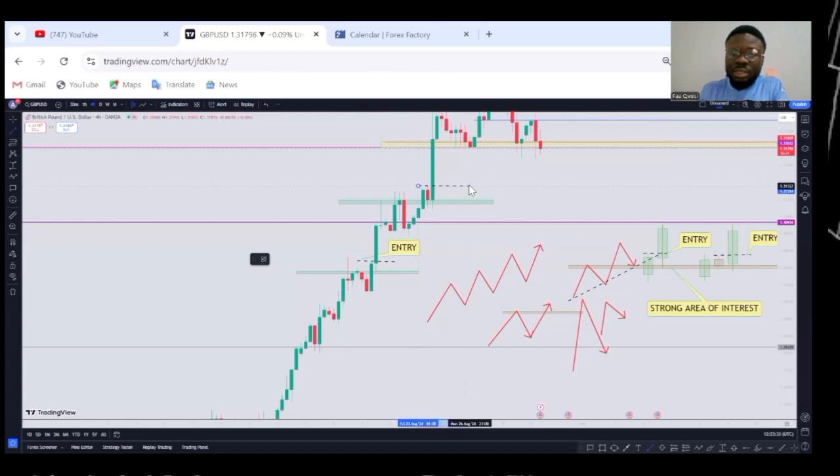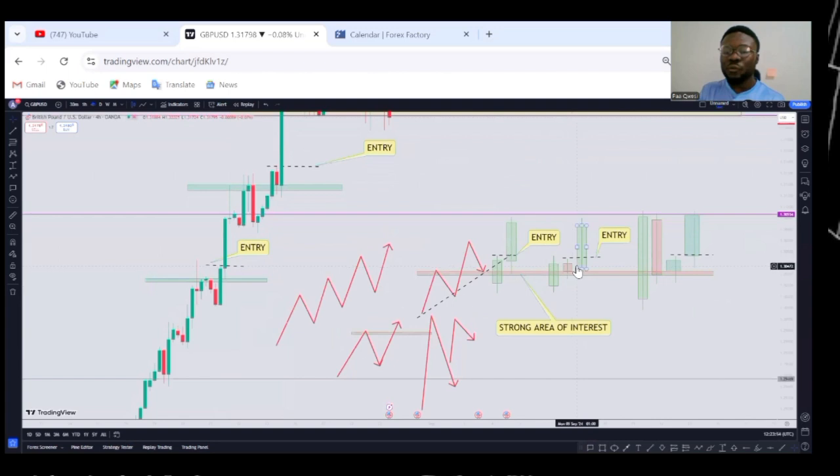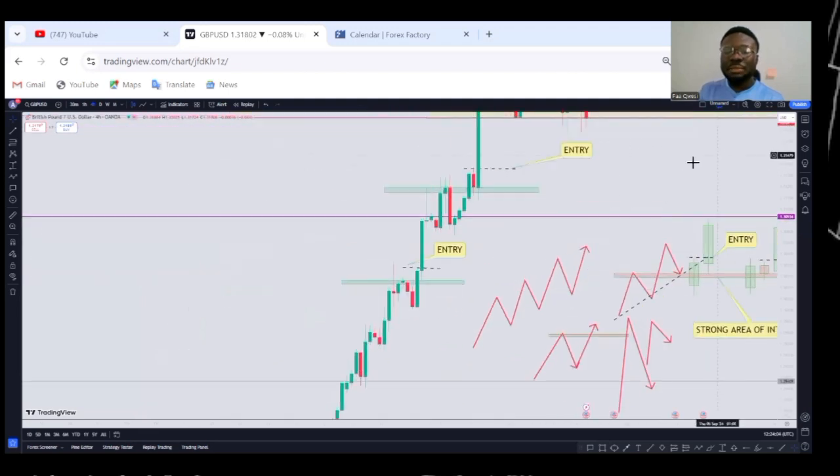This level is going to be your entry level. So this is the second criteria, the second thing I look for, or factor into consideration, when taking a trade. This is my second trade entry signal.